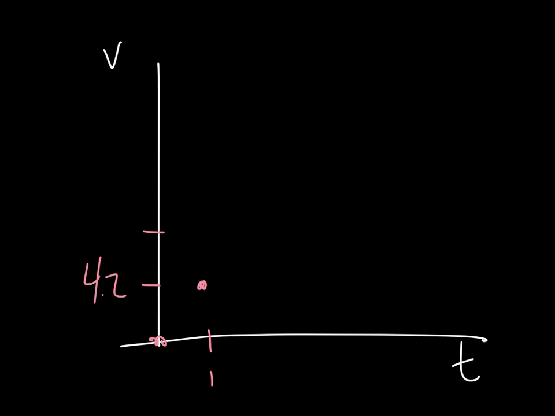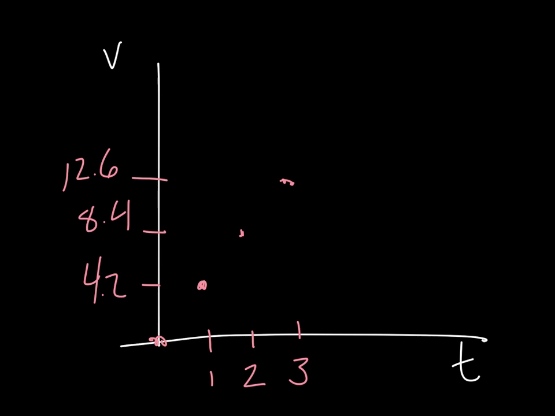So then I'm going to do a rise of 4.2 again. What's 4.2 plus 4.2? So at 8.4, I'm at 2. And so I draw another point. And then I do it again. All right, so that's going to go up 4.2, so I'm at 12.6 at 3 seconds.